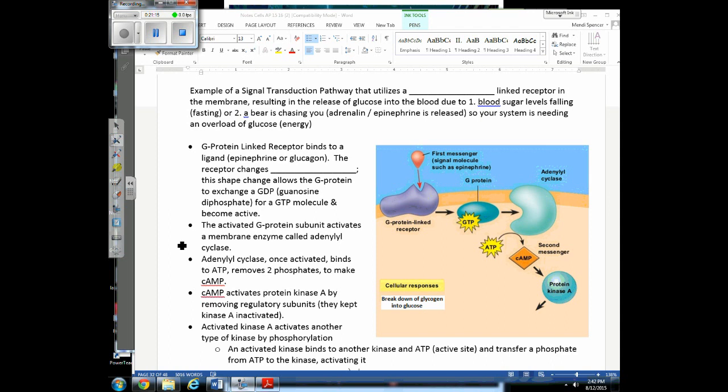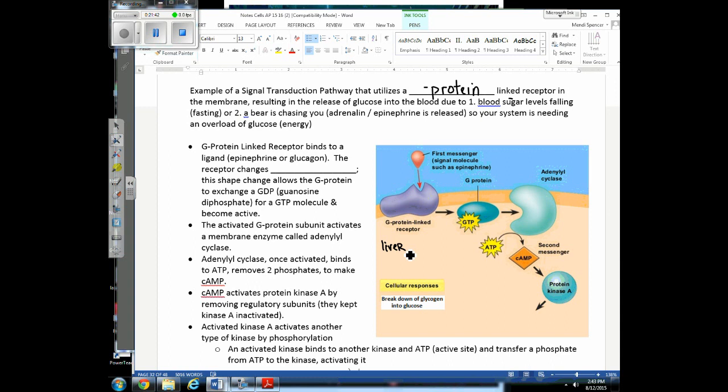So we're going to look at a signal transduction pathway that utilizes a G protein linked receptor that's bound to the membrane of a cell. And we're going to talk about a very specific type of cell in the body, a liver cell. If you remember from the biochemistry unit, whenever animals consume excess glucose, they store it as glycogen in their liver cells.